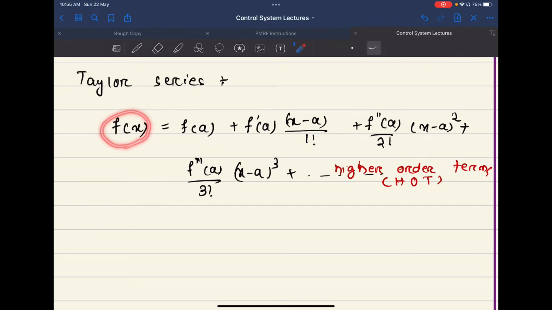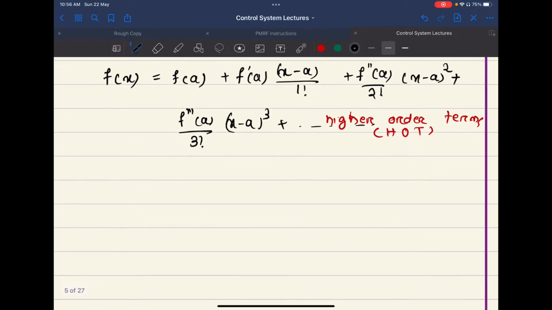So what we understand from this is that any function f of x can be decomposed and rewritten as a combination of a constant value, f of a. You can see everything here is a constant. So this constant is multiplied by the first order term with respect to x, and this is another constant with the second order, and this is third order, and so on for the higher orders, which I am neglecting right now.